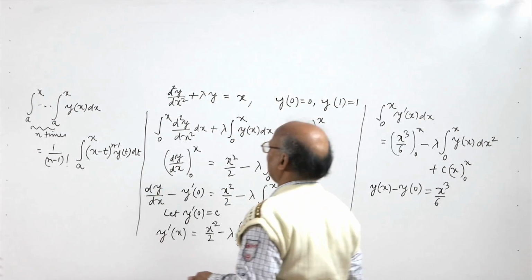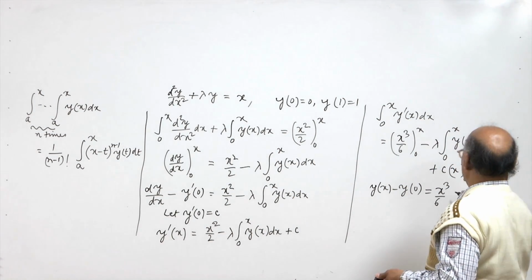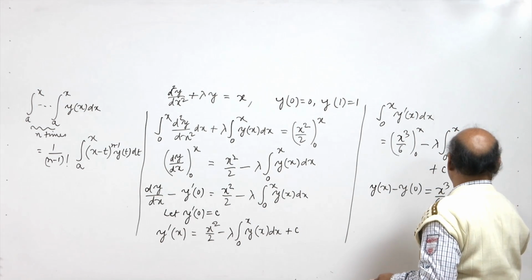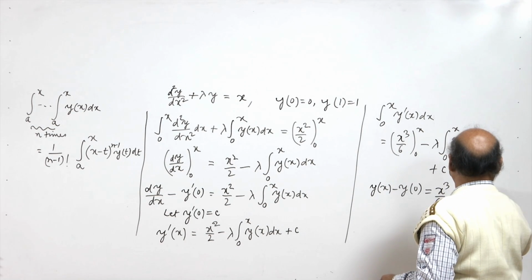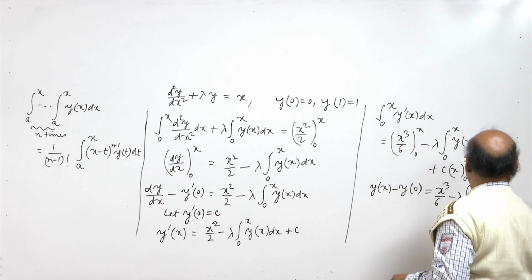So let us recall this formula. Here n is equal to 2, so we can write 1 over (2 minus 1) factorial, which is 1 factorial, integral 0 to x, and then (x minus t) into y(t) dt.